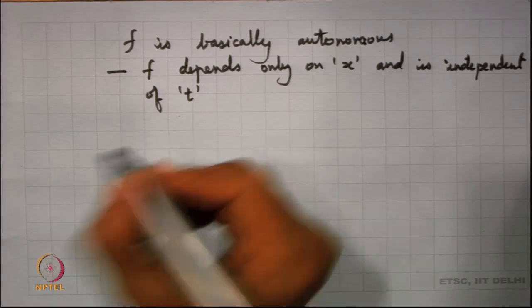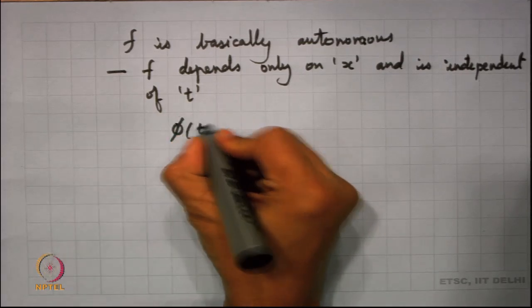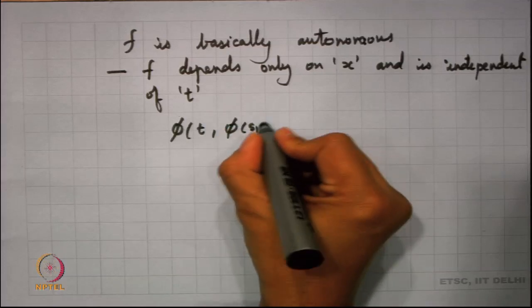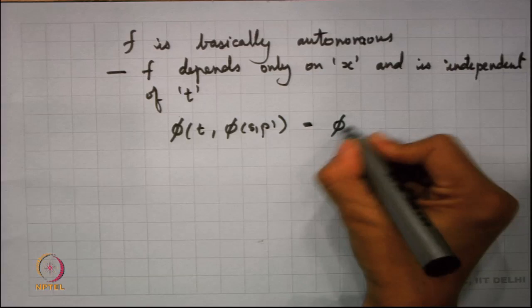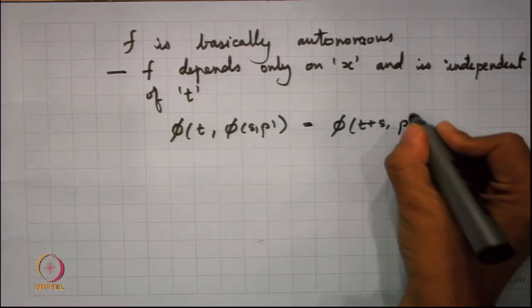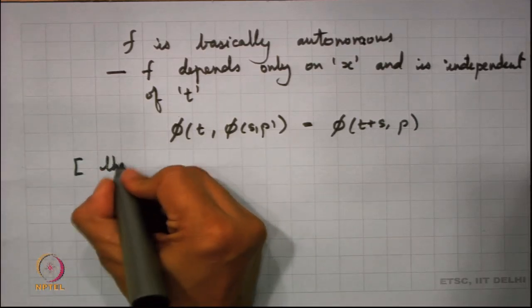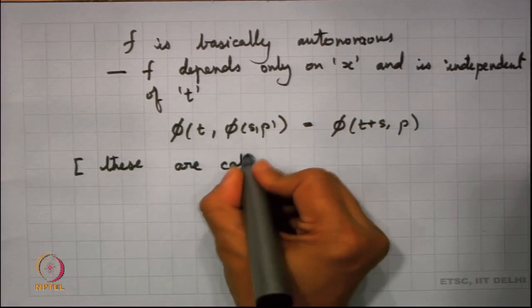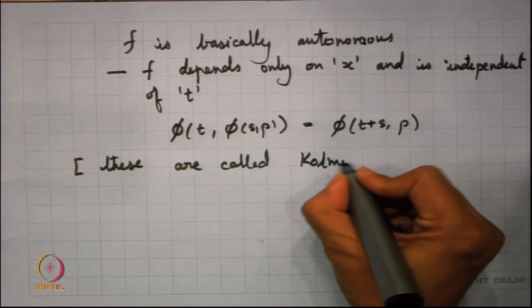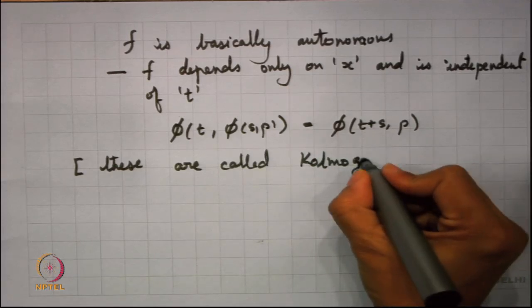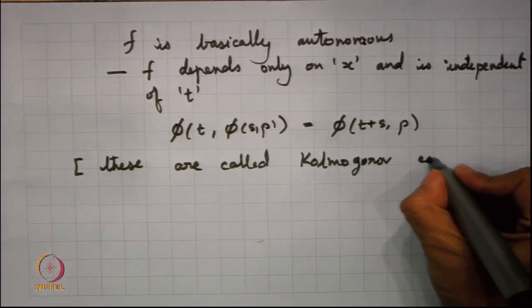When we have an autonomous differential equation, an autonomous system, and we are looking into the solution of this differential equation, we find that these solutions satisfy certain semigroup identities, and that semigroup identity is phi of t, phi of s, p is basically the same as phi of t plus s, p, and these identities are also called Kolmogorov identities, or equations.